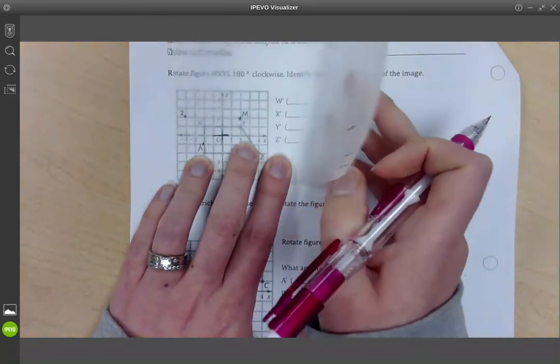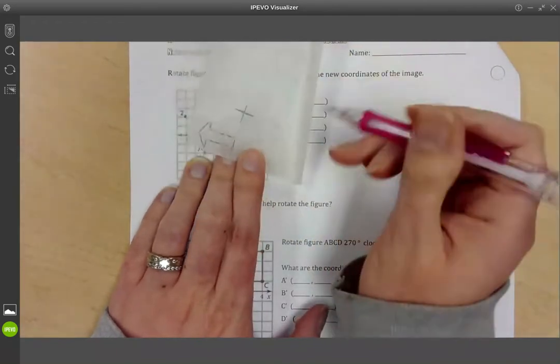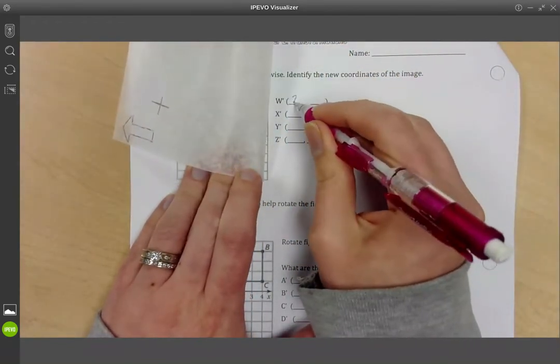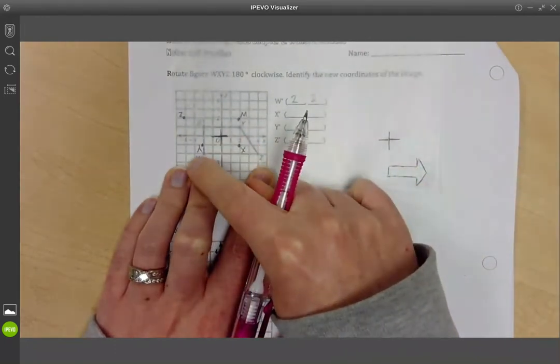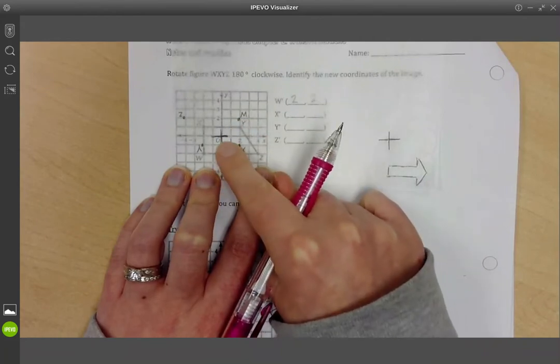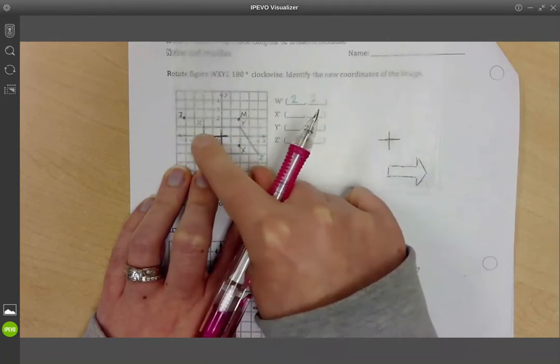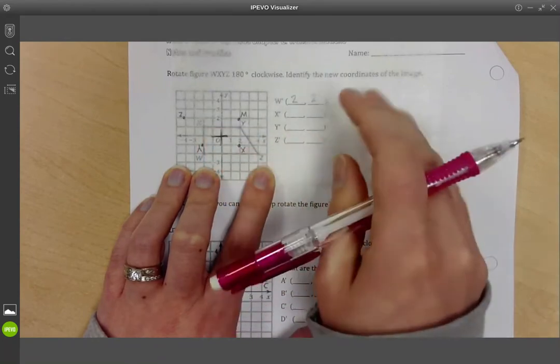So I've got W is now at 2, 2. Or it used to be at -2, -2. Now it's at +2, +2. X used to be at -2, +1. Now it's at +2, -1.